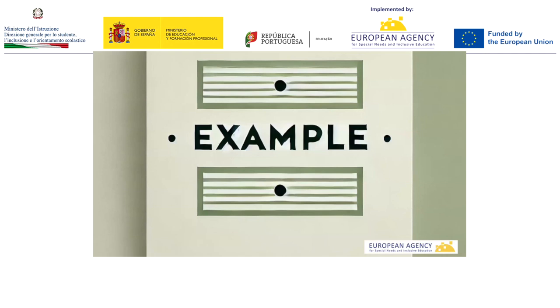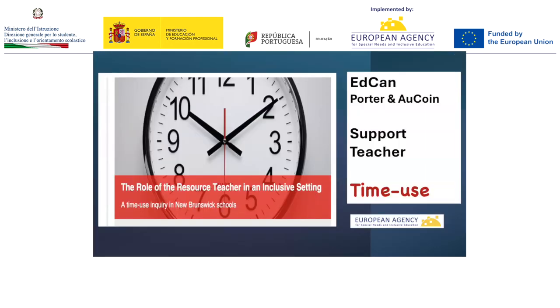And that's the example of monitoring and evaluation I want to share with you now that I've used in a number of different places where I've done work. Some of this work has resulted in an article which you can find online. It's called The Role of the Resource Teacher in Inclusive Setting, and it's in EdCan, which is Education Canada, one of their publications.